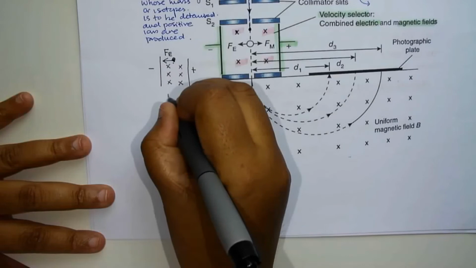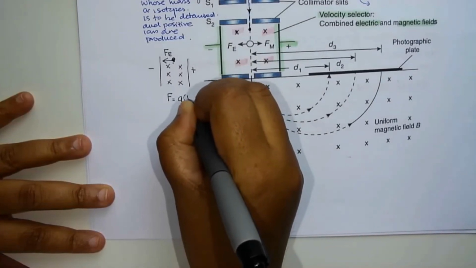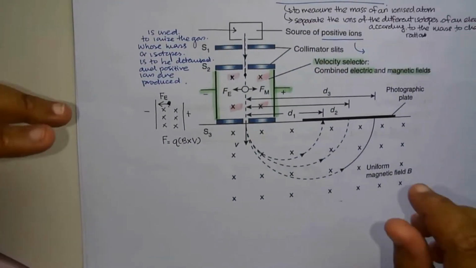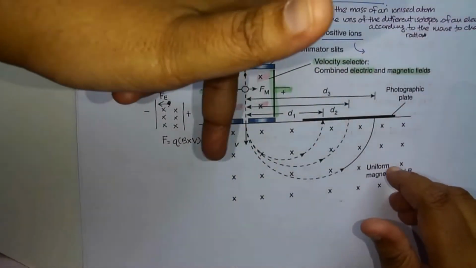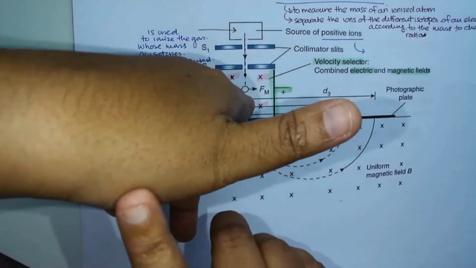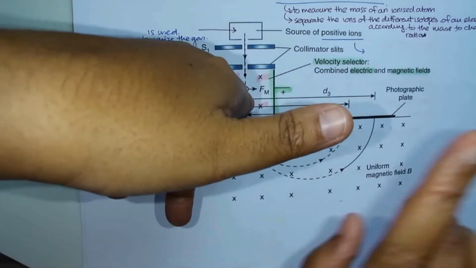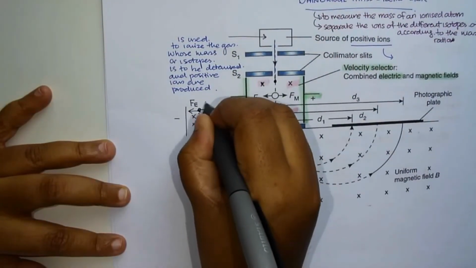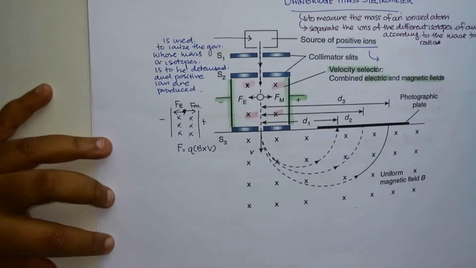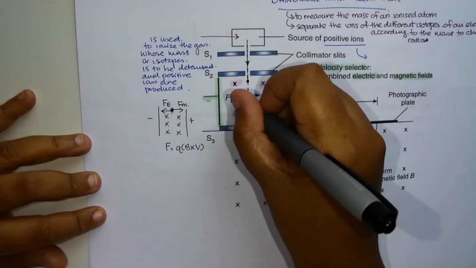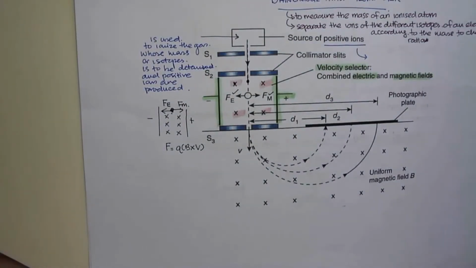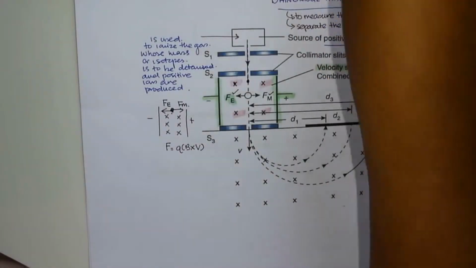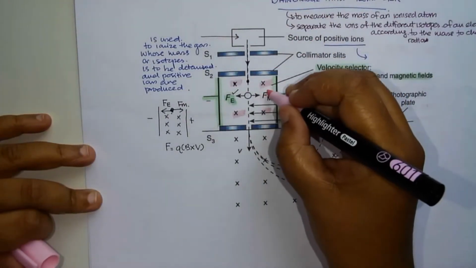F equals QV cross B. The B is here, the V is here, so the direction of the magnetic force will be in this direction. So you have Fm here and Fe here. Fe is due to the electric field, Fm is due to the magnetic field.